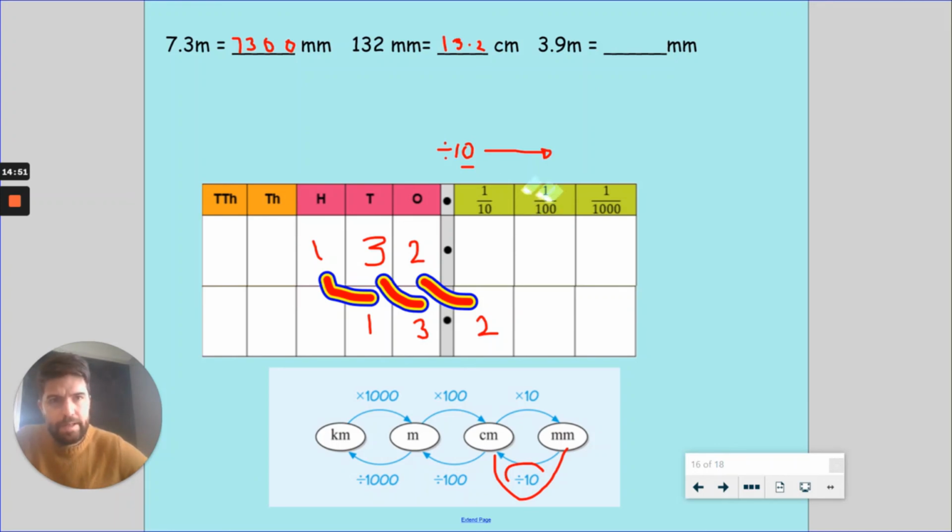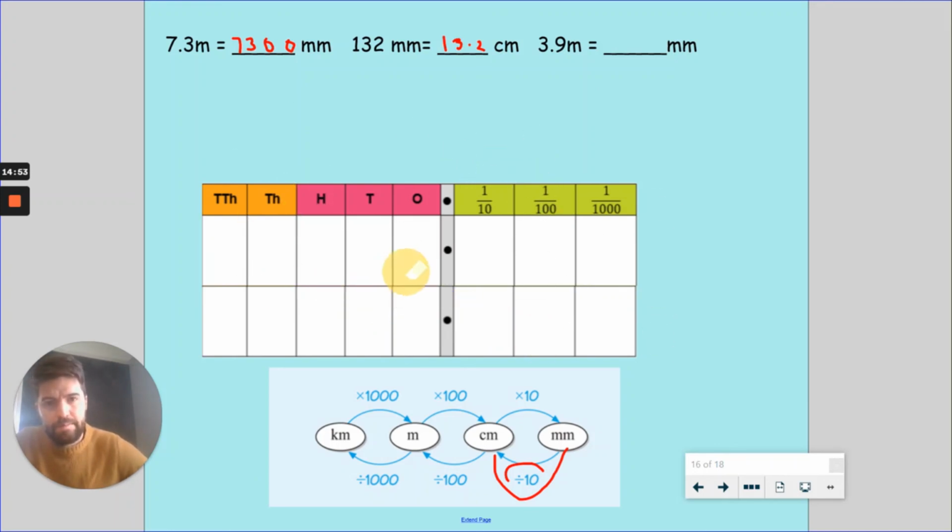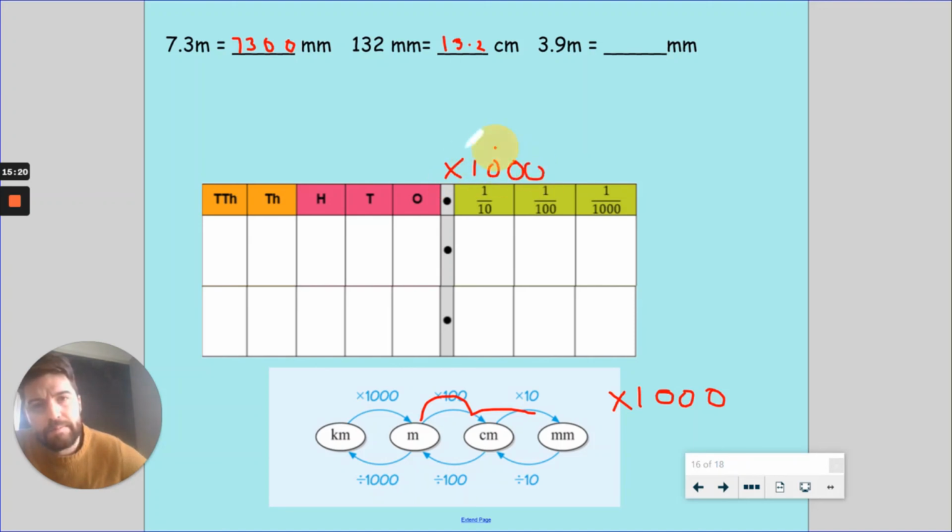Right, let's do one more to finish. Got 3.9 metres and I want it in millimetres. Going from metres to millimetres again, and last time I did that, I had to multiply by 100, multiply by 10, that was multiply by 1,000. Okay, so multiply by 1,000, number going to get bigger by 3, starting with 3.9.